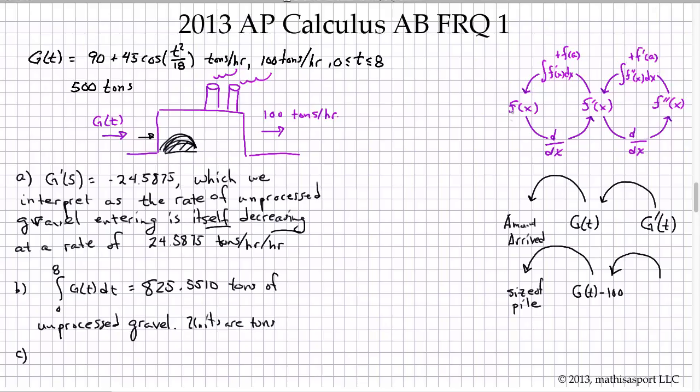Now, at t equals 5, is the size of this pile increasing or decreasing? And again, the pile grows not according to g of t, but according to g of t minus 100. Okay?